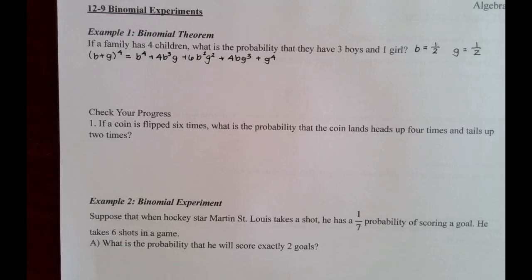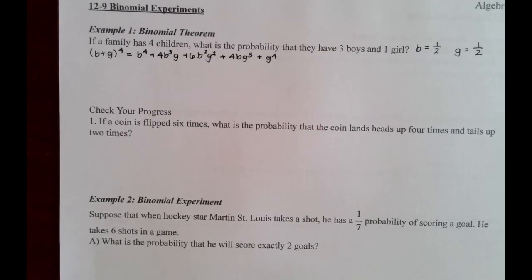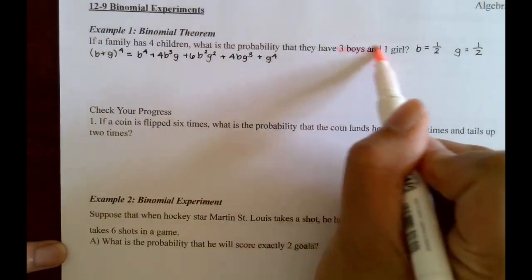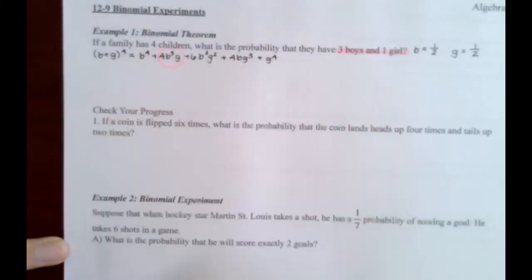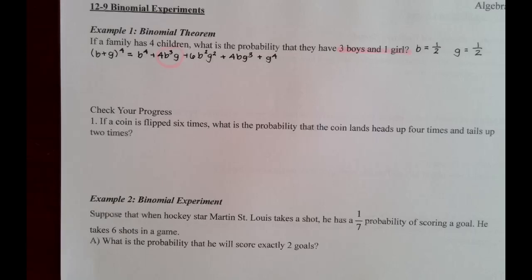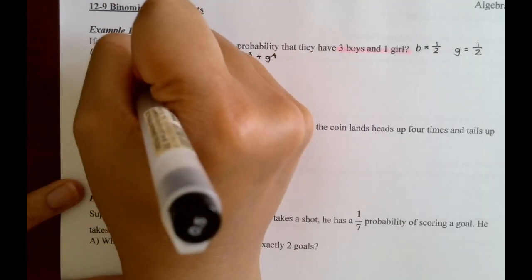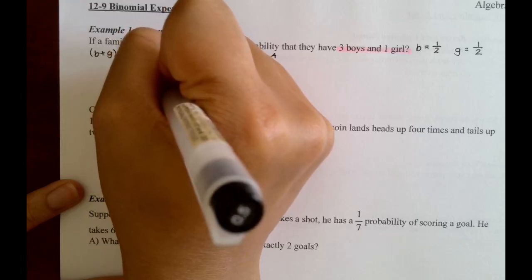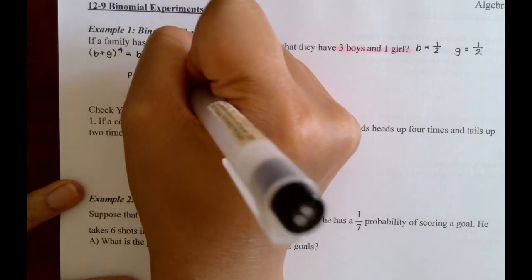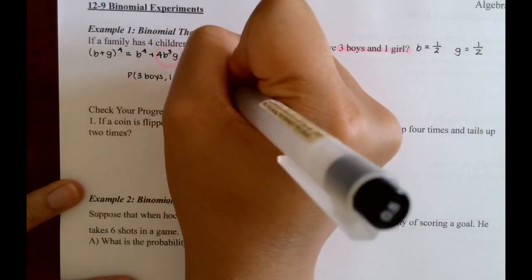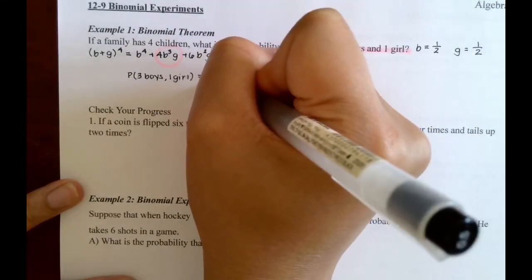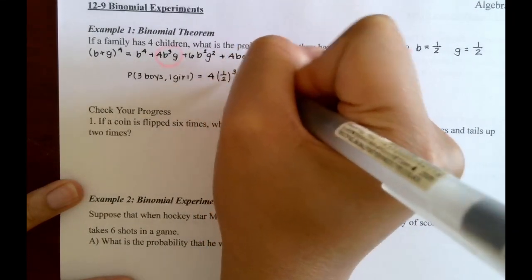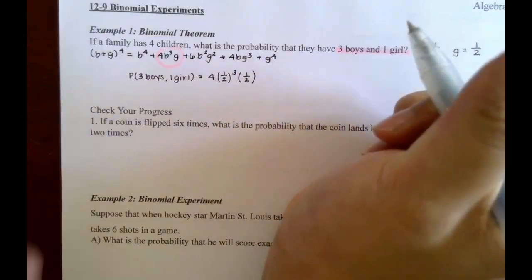So then, if we want 3 boys and 1 girl, we're looking at this. 3 boys, 1 girl. So then, the probability of 3 boys and a girl is going to be 4, and then b is 1/2, so 1/2 to the 3rd times 1/2.